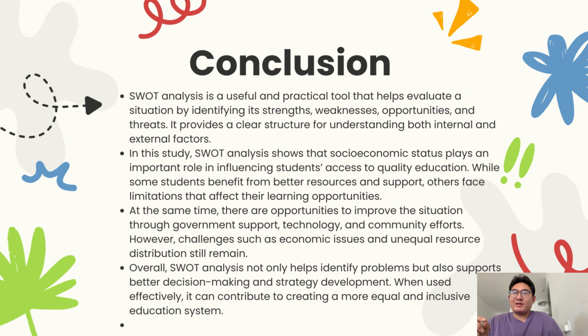Of course, there are still challenges like economic instability and unequal resources, so SWOT analysis should be used together with other methods. Overall, it not only helps us understand the problem, but also helps us make better decisions and move towards a more equal education system. Thank you.